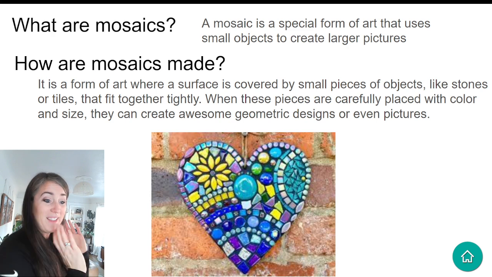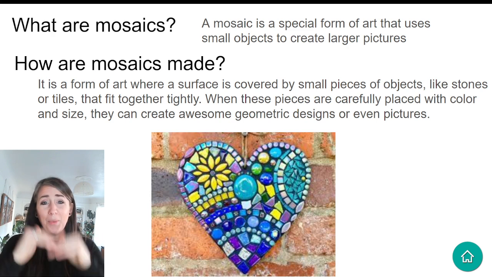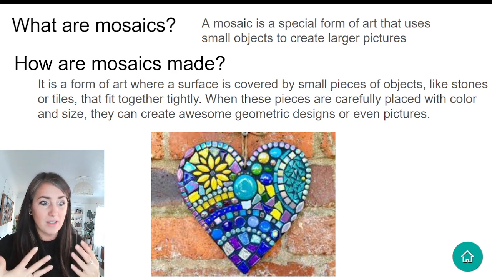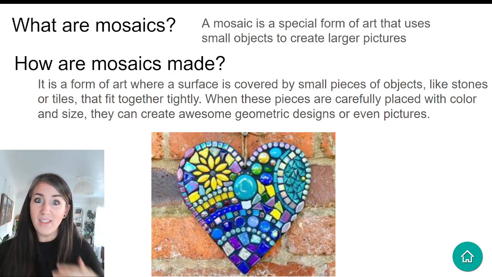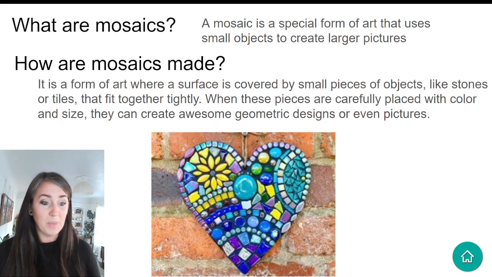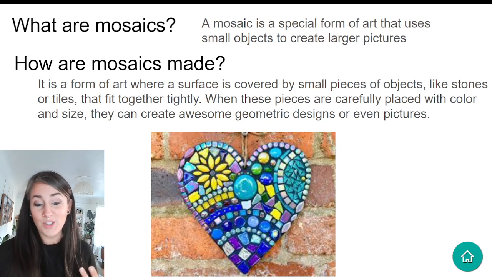So we could end up with something kind of like this, right? And even within our heart, with those geometric shapes, we even see more than just a heart and geometric shapes. We even see a flower within the heart too, right? So you can really have fun with this. This one would be an example of using things like glass and stone in order to make a mosaic.